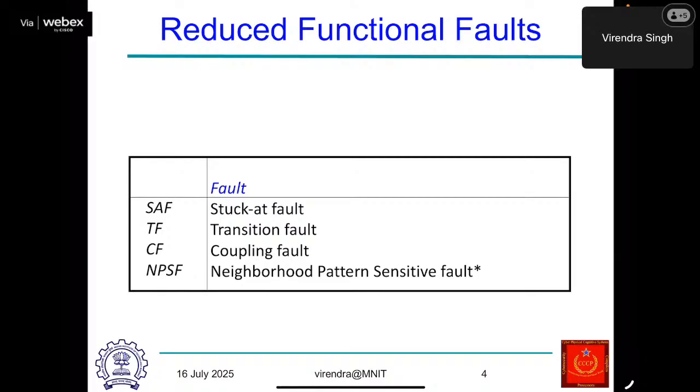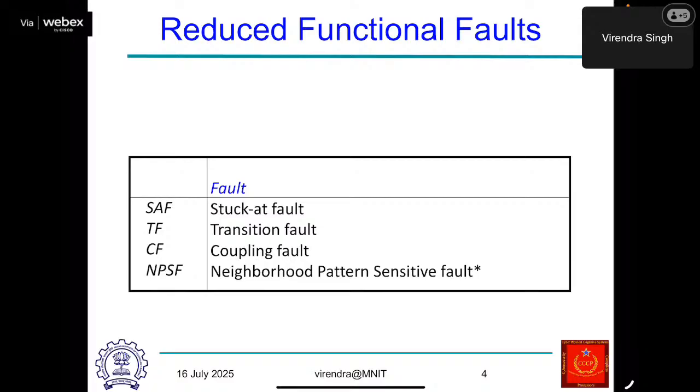There can be a coupling fault model. Here we are running long coupled lines, so there can be a coupling between two cells, cell I and cell J, and any activity or any change in cell I can change the value of cell J. That's called the coupling fault model.